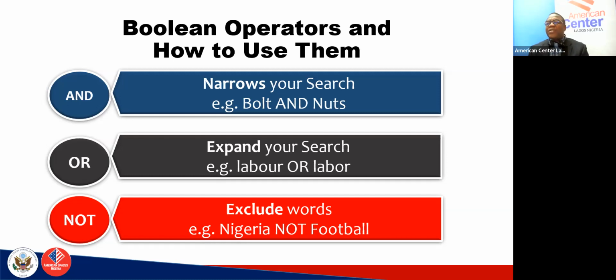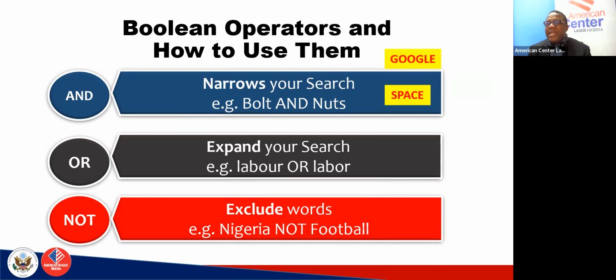But let me say this also, each of the search engines also has a representation of each of these. And I'll be using Google as an example. For Google, and is represented by the space between the keywords.